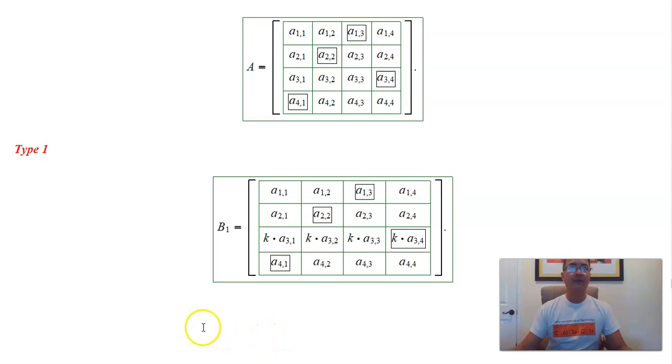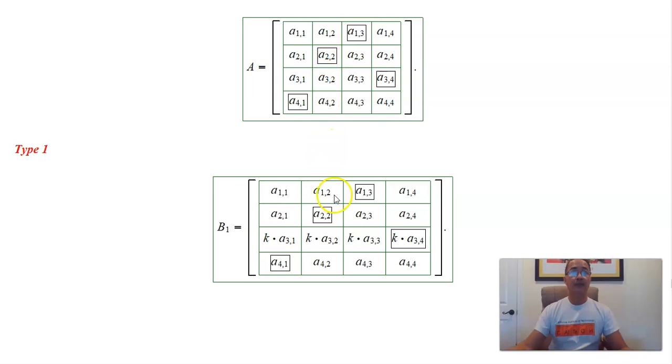Okay, so let's go through the proof over here. We have an original matrix A, and what happened? I multiplied the third row by k. Everything else is the same. So if you understand one term in the formula, you understand the entire formula. Let's pick out the same term that we picked last time. If I choose the same corresponding entries in B1, what's going to happen?